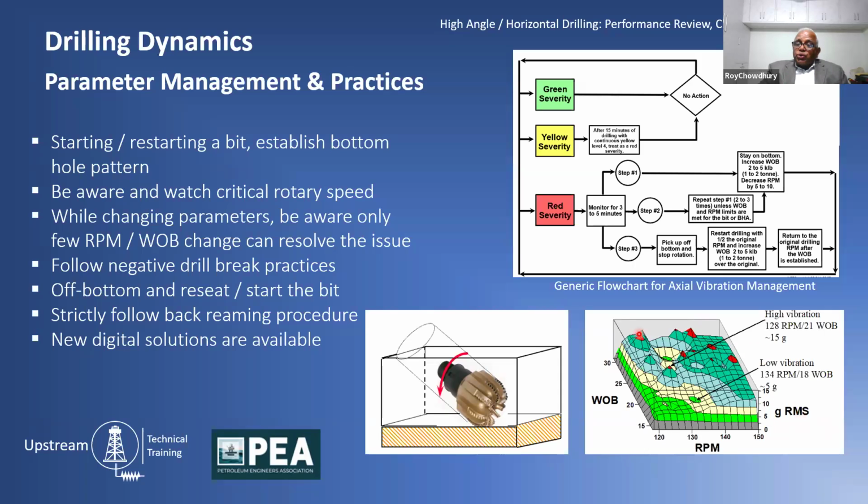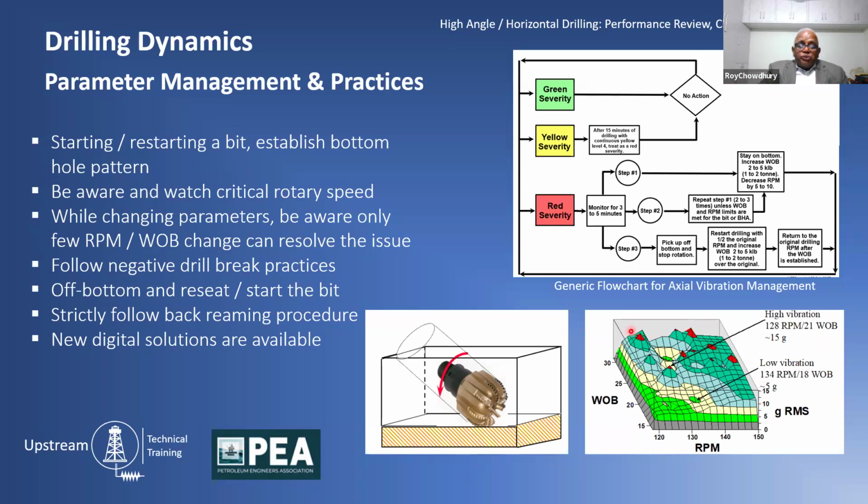Notice the red zones. These are no-go zones. Now, what is so important to understand here is that this is for a specific 128 RPM, 21,000 pound weight on bit. It will change for each combination, but the challenge here is to understand that these red peaks are very sharp peaks.